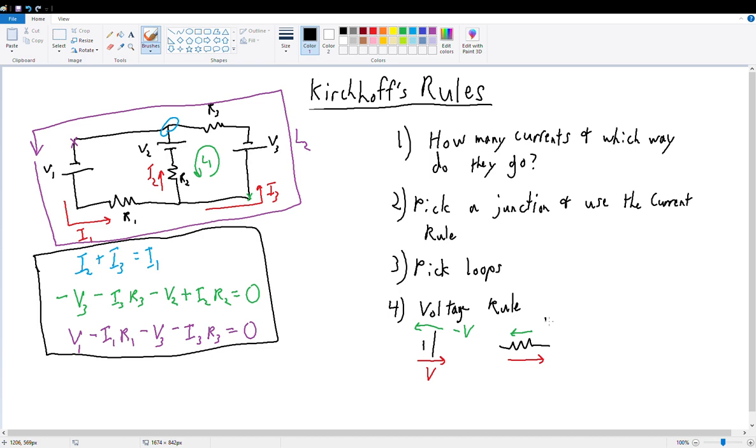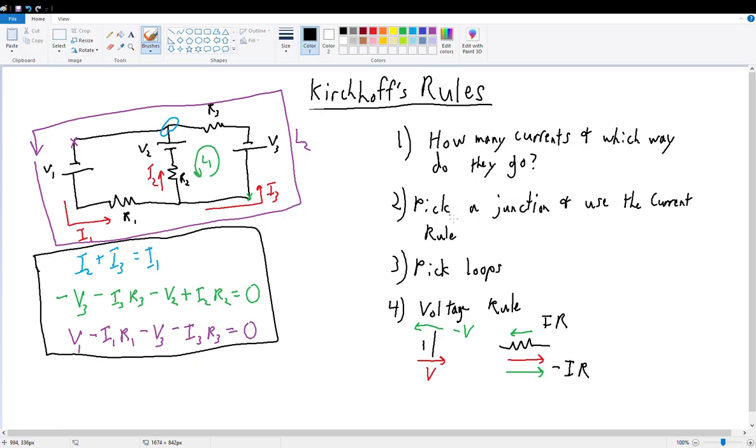So this would be IR. If, however, our loop were going in the same direction as our current, if you're going in the same direction, loop and current, that is going to be a negative IR. And remember, when you get back to where you started, it must equal 0.